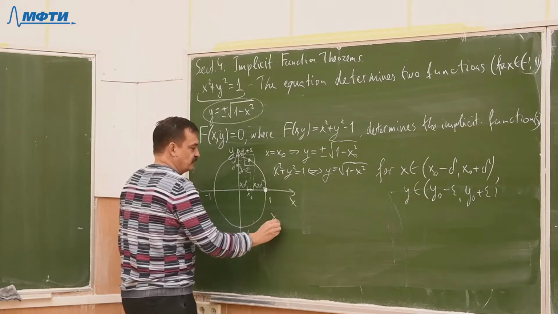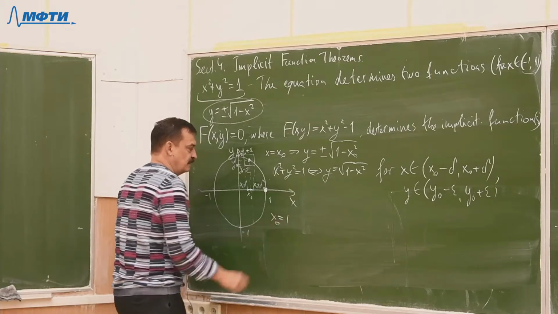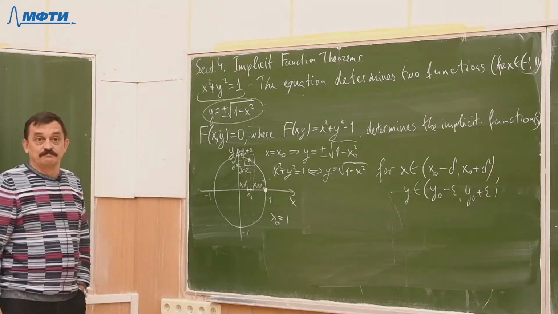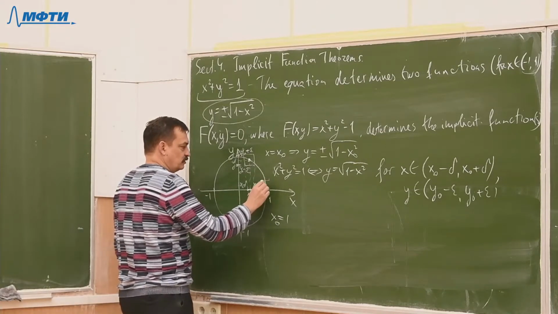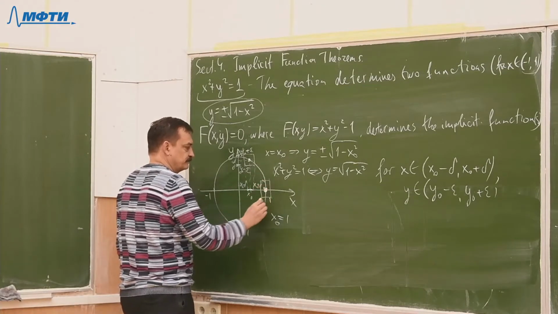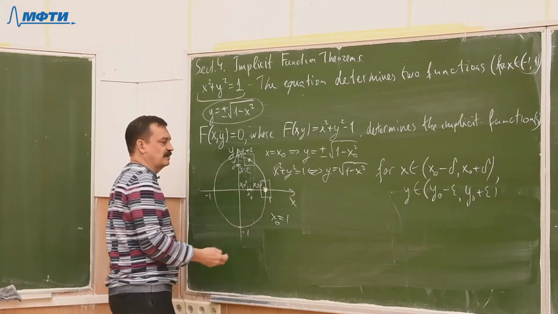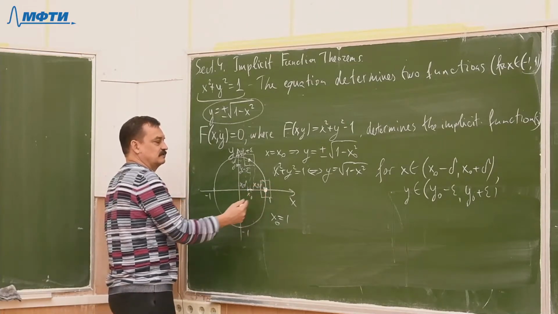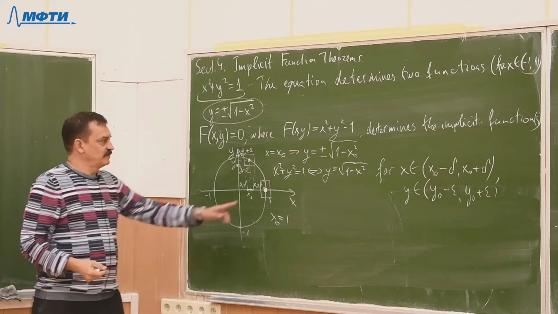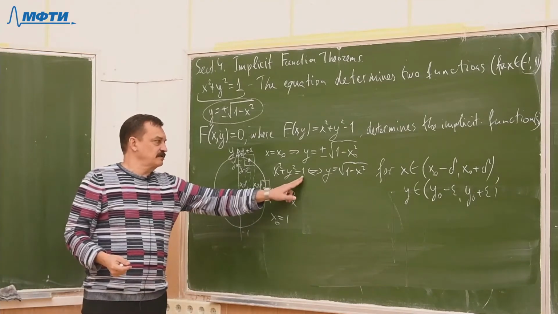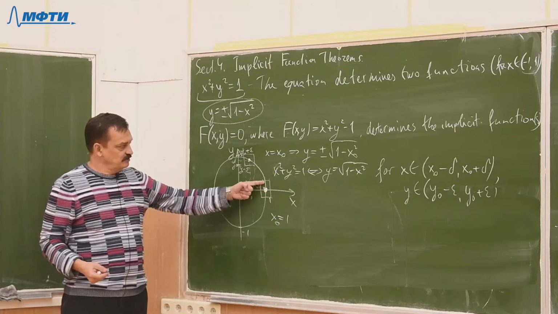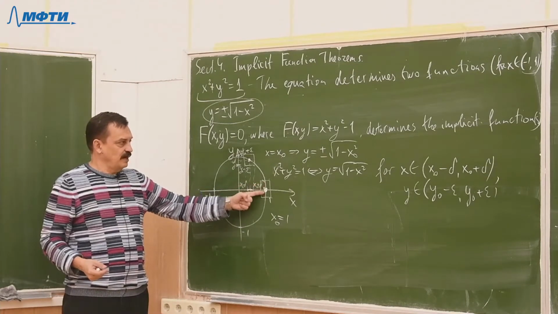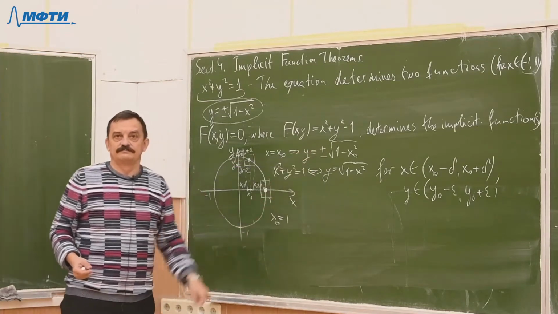If x0 equals 1, then it's impossible. It doesn't matter how small epsilon we choose, in such a rectangle you cannot solve the equation x squared plus y squared equals 1 uniquely. It's impossible because you need to take both plus and minus values here, right?